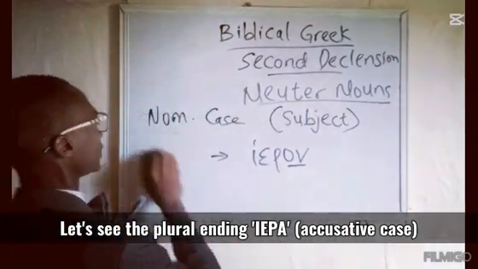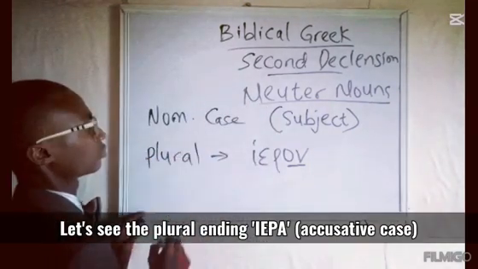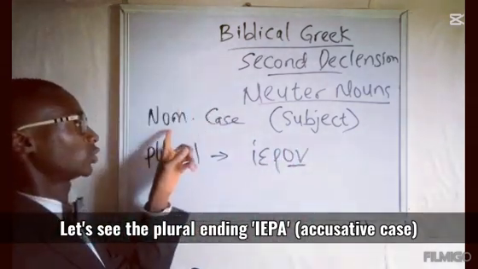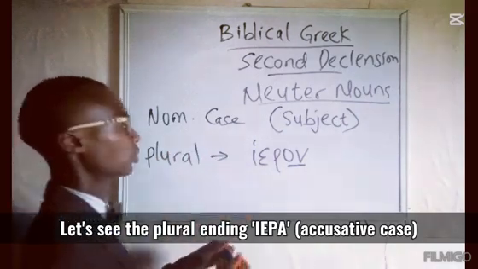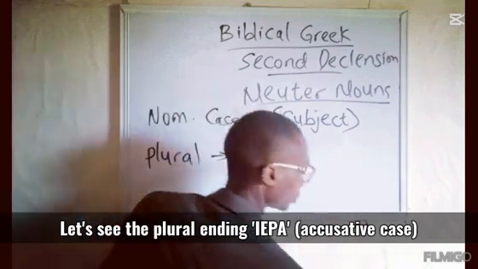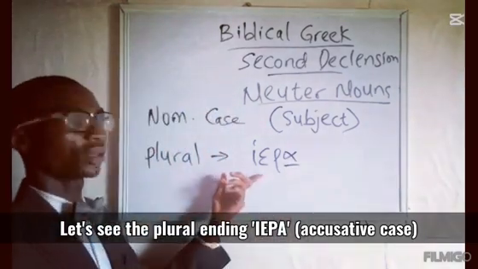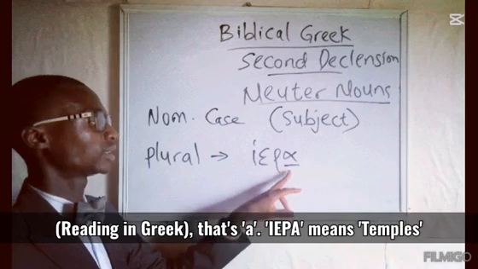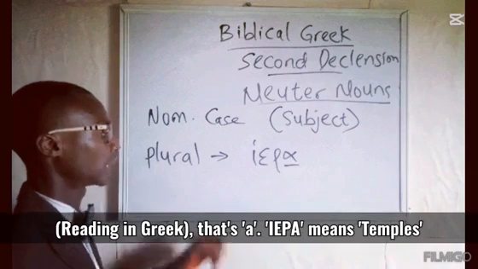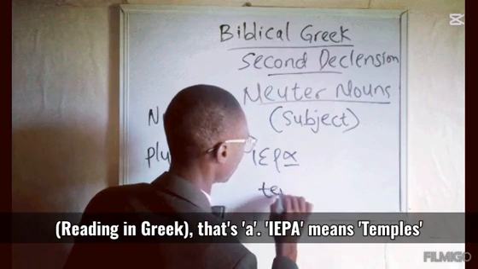Let's say the plural, addressing the plural ending. The nominative plural ending for this particular word is hiera, and that's the symbol for the ending, which means temples.